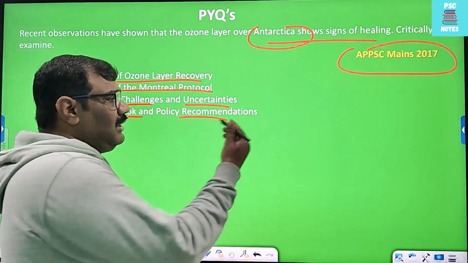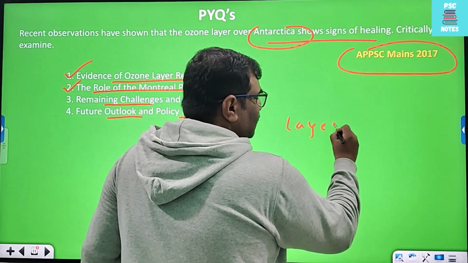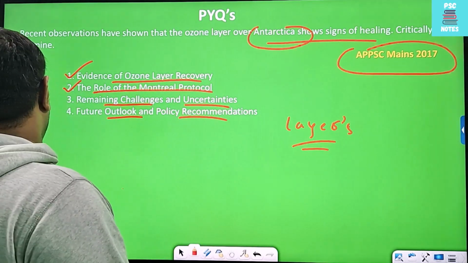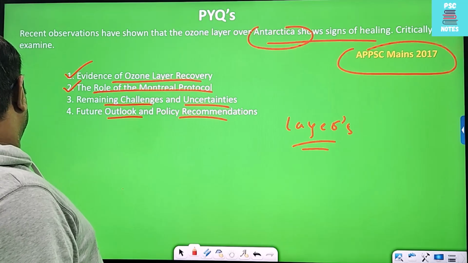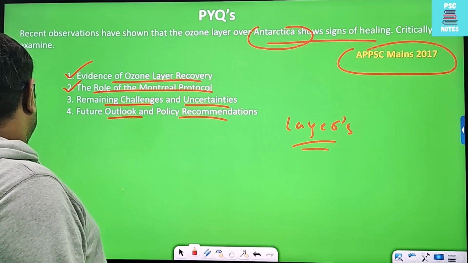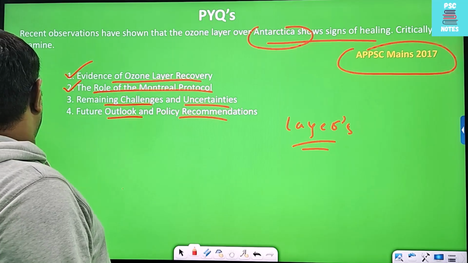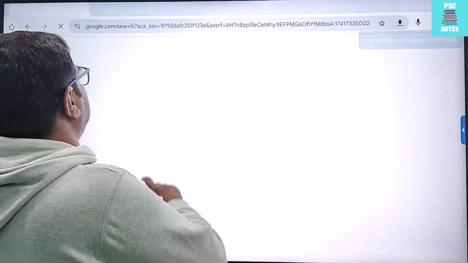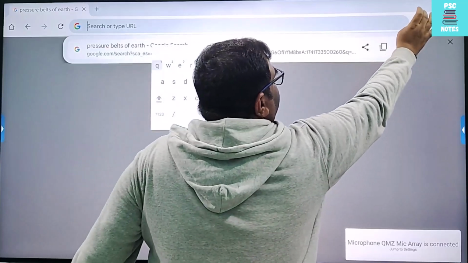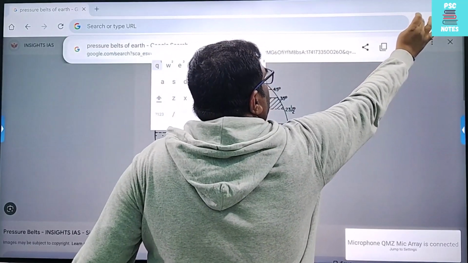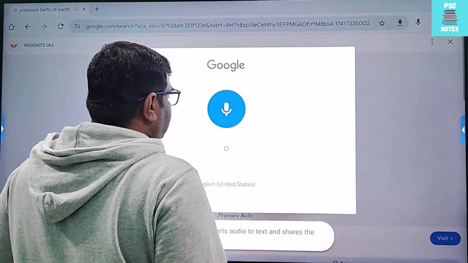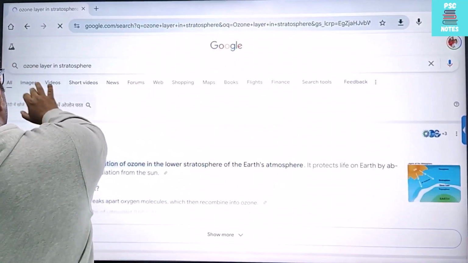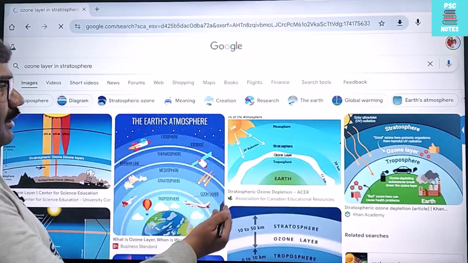Further, you can also show the layer where the ozone is, and also if possible, there is one more diagram which you can show: the ozone layer in the stratosphere.